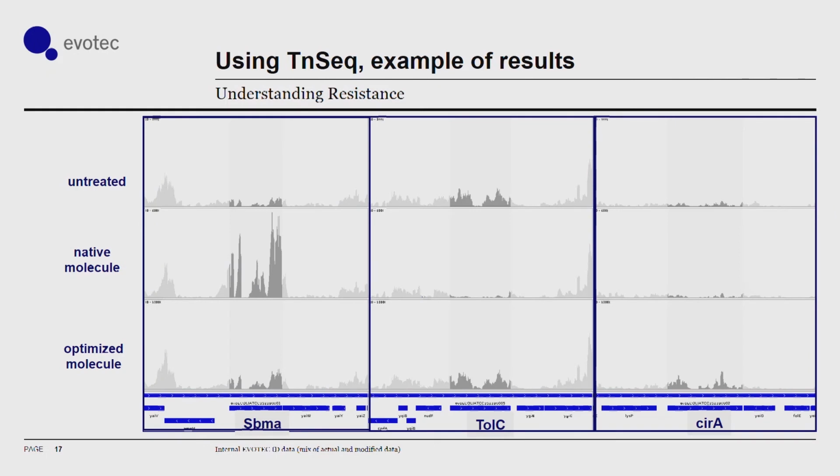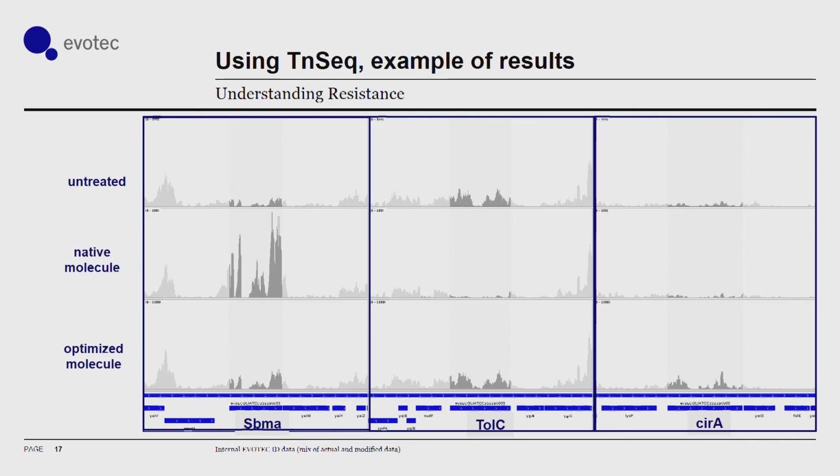One example is shown here. This is the number of mutants in an untreated condition. This is with a native molecule, and you see here in TolC, so the efflux pump, that the mutants that were present disappeared. So it's the situation that I alluded to before. TolC is important for the resistance, so the compound is effluxed.